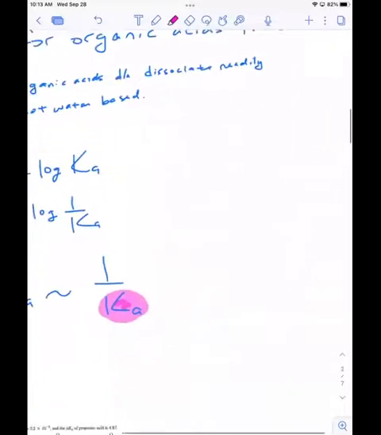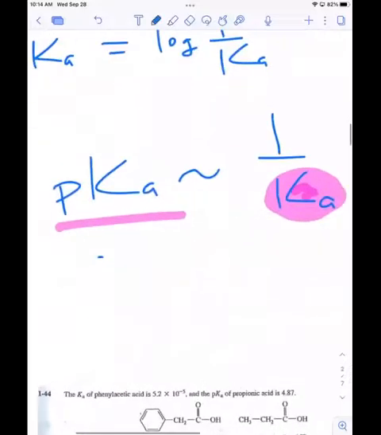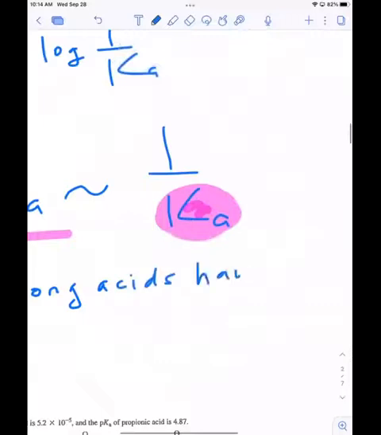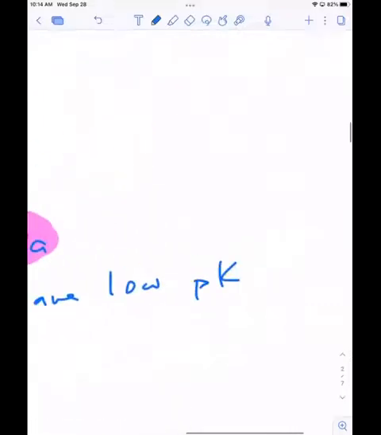So down here, when we say for pKa, strong acids have low pKa values.